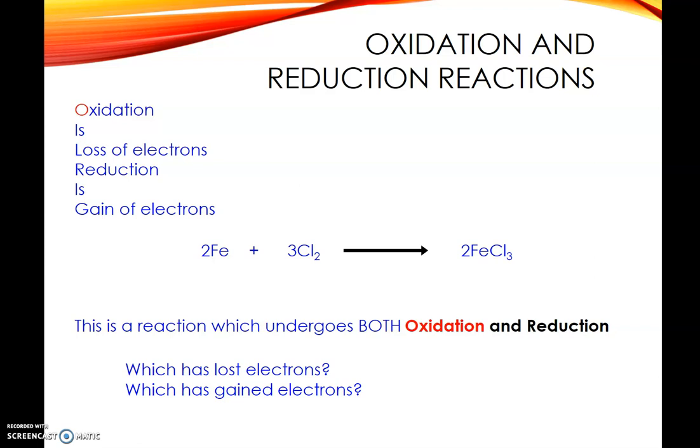However, looking at this equation, it is very difficult to see which species has lost electrons and which has gained electrons. You might be able to work this out using your ideas of ionic bonding, but if we had a different system, that would make it a lot simpler for us.